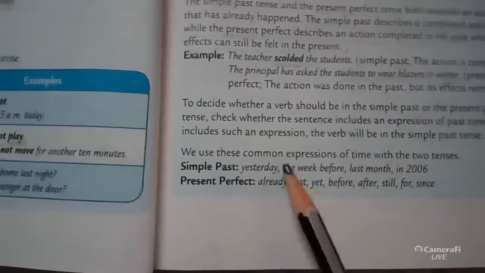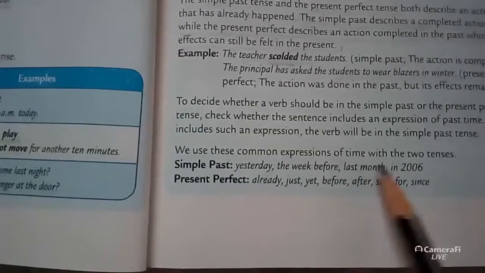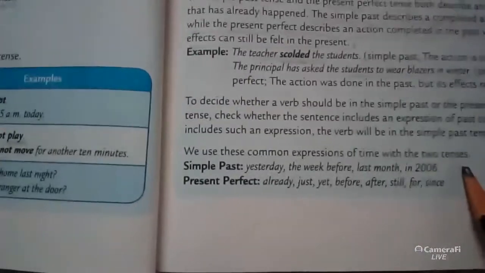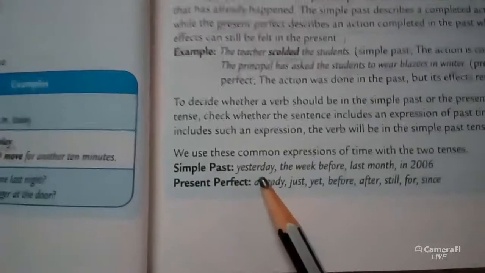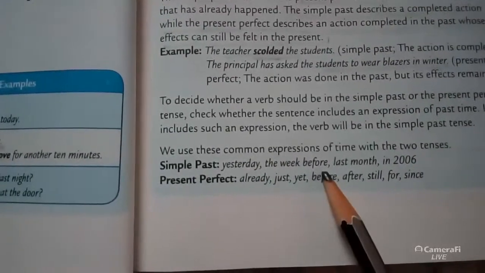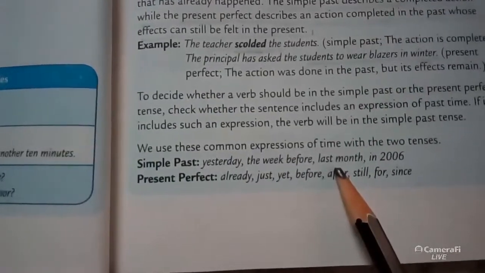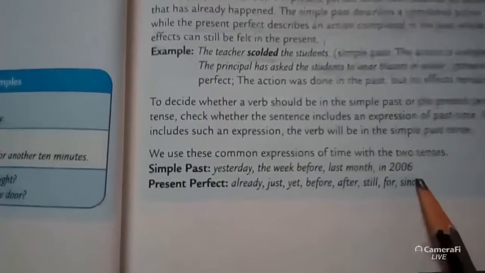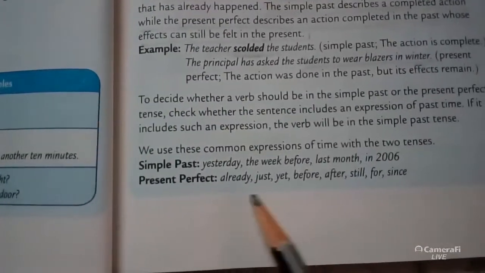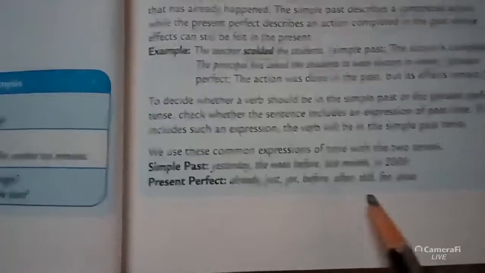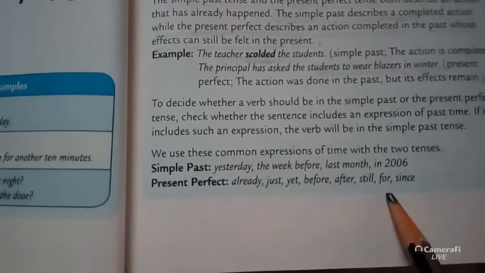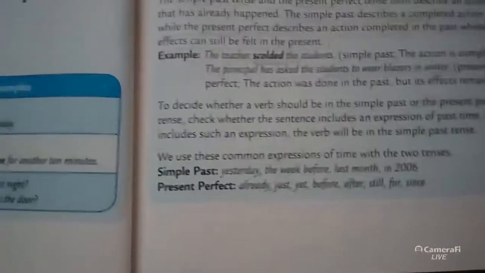We use these common expressions of time with the two tenses. Simple past: yesterday, the week before, last month, in 2006. Present perfect: already, just, yet, before, after, still, for, since. Okay?